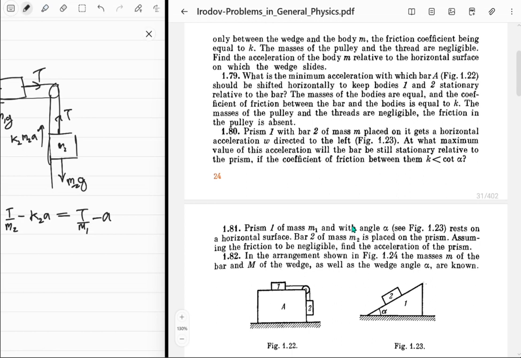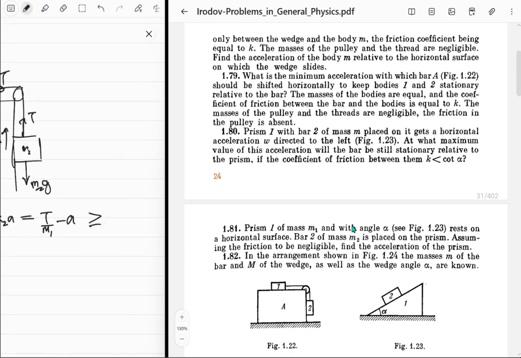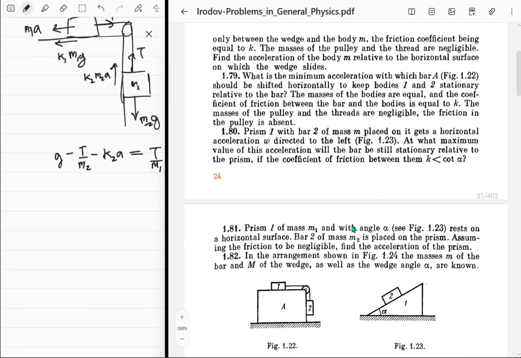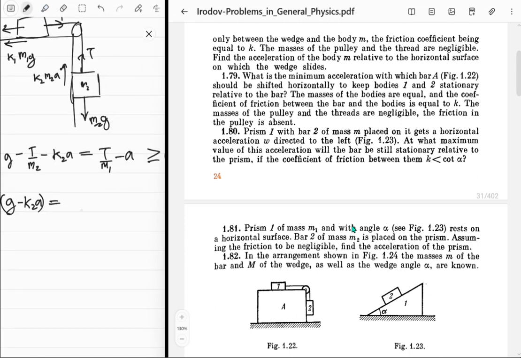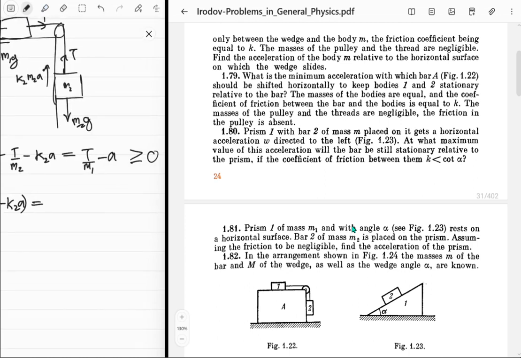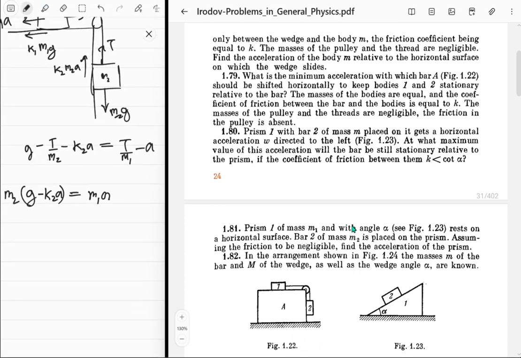That only makes sense. This has to be equal to 0 for it to slide down. When it's equal to 0, that's the critical condition. So g minus K2A is equal to, actually m2 times that, which is equal to the tension force, and the tension force is also just m1a. So there we go, you got what A should be.